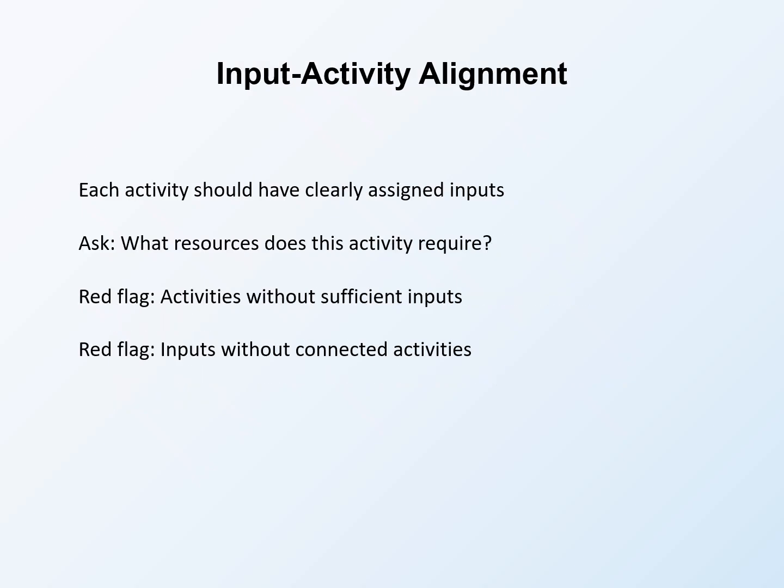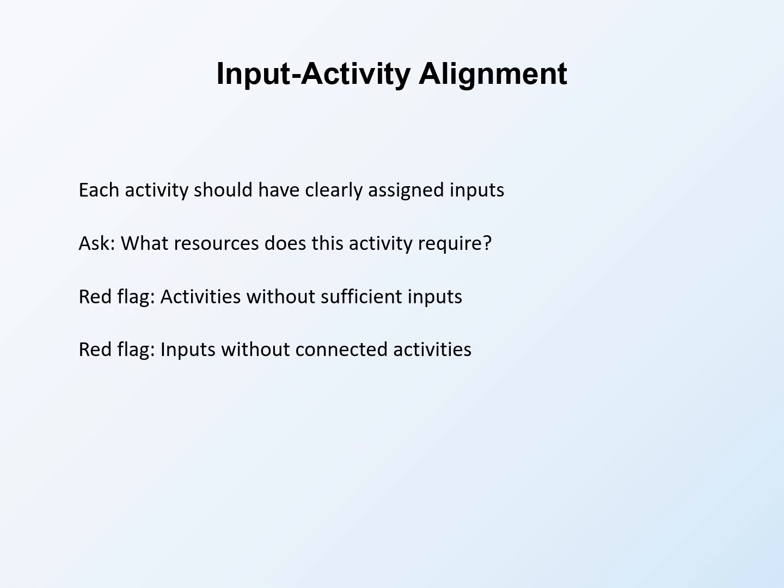A critical check is input activity alignment. Each activity should have clearly assigned inputs. For every activity, ask, what resources does this activity require? Draw explicit connections. This activity needs this staff person, this much money, these materials, this space. Red flag. Activities without sufficient inputs. If you've planned an activity but the resources to support it are inadequate, you have a problem.